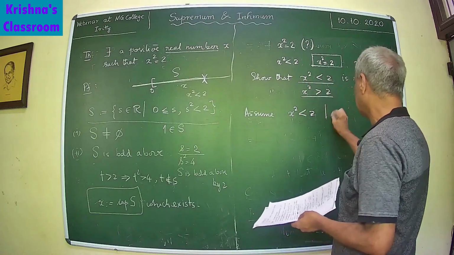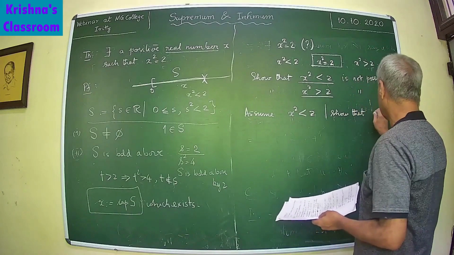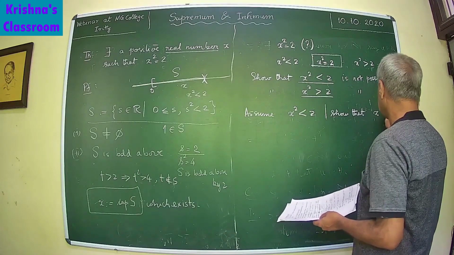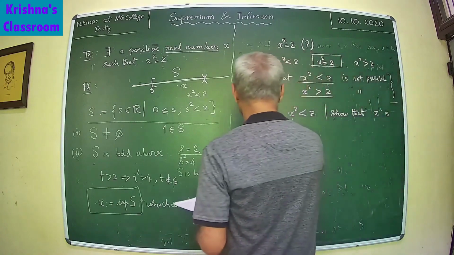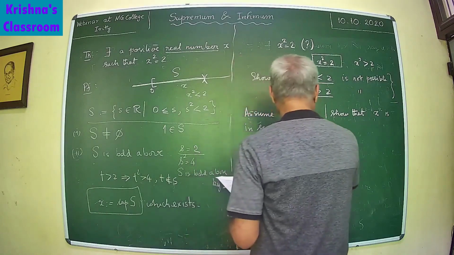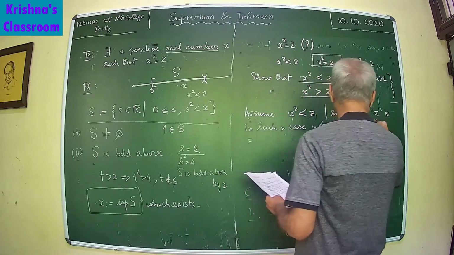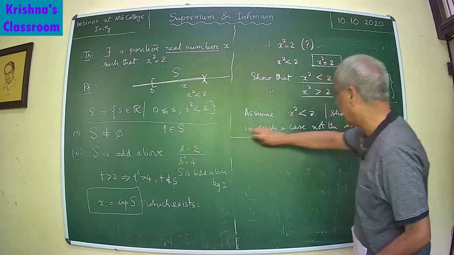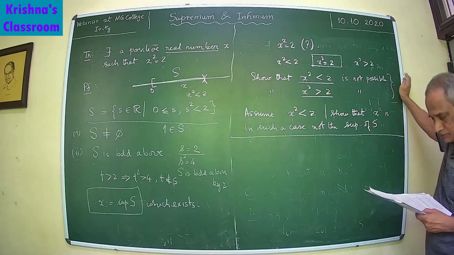We've shown that x in such a case is not the supremum of S. Okay, that means no x with the property that x square less than 2 can be the supremum of S. That's what you are saying.